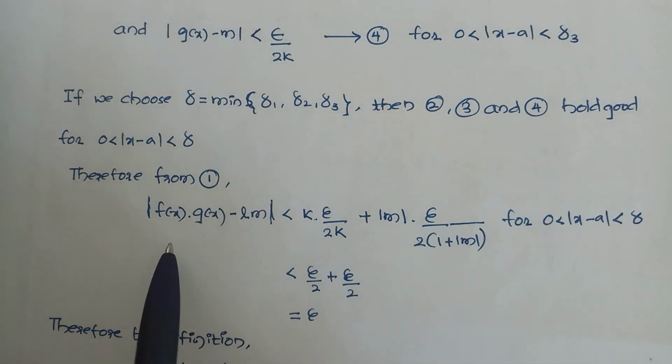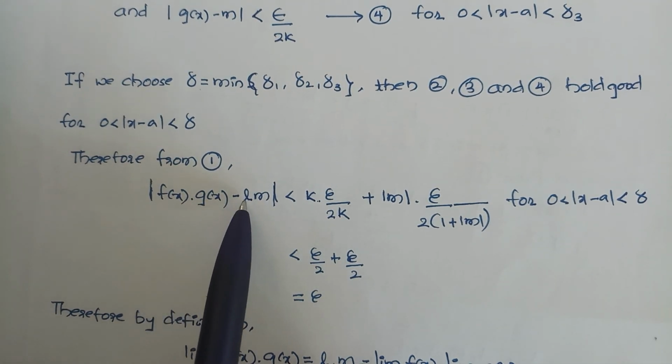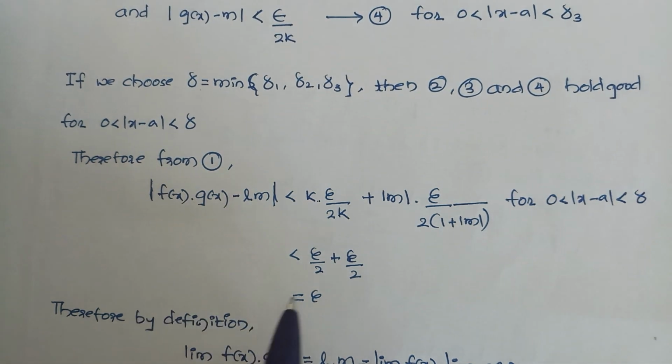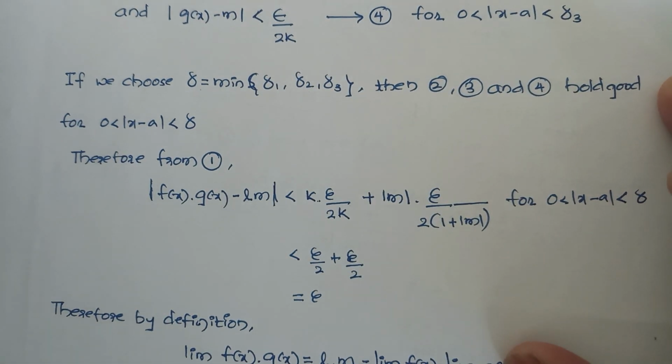So then your equation becomes modulus of f of x into g of x minus L into m is less than what? Epsilon. So again we use the definition of limit. If L is a real number, L is said to be the limit of f of x as x tends to a, if for any epsilon greater than 0 there exists a corresponding delta greater than 0 such that modulus of f of x minus L is less than epsilon.